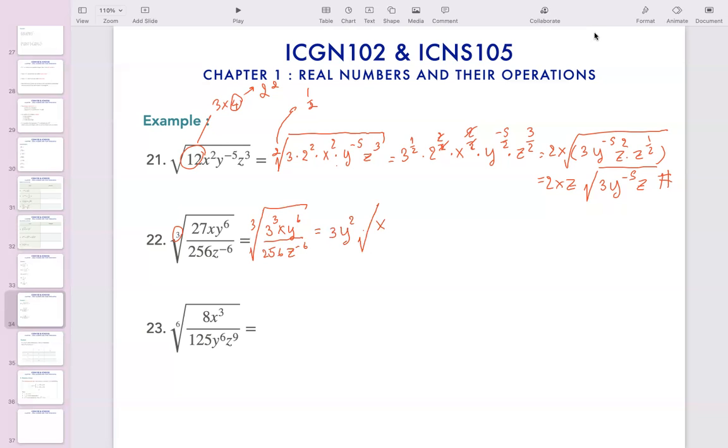And then for z, I can take it out to be z to the negative 2, over 256. Then I get 3y squared z squared times the cube root of x over 256.